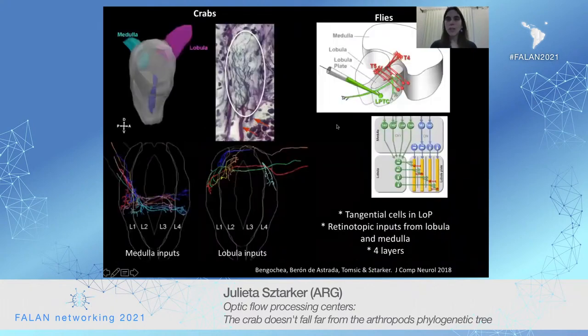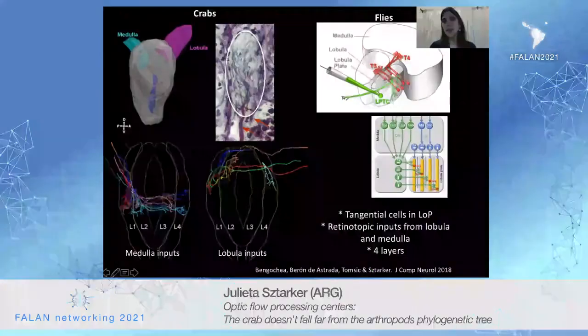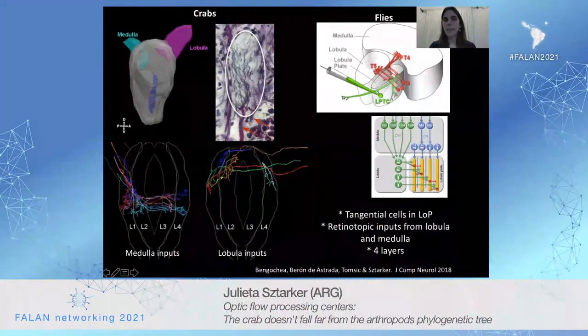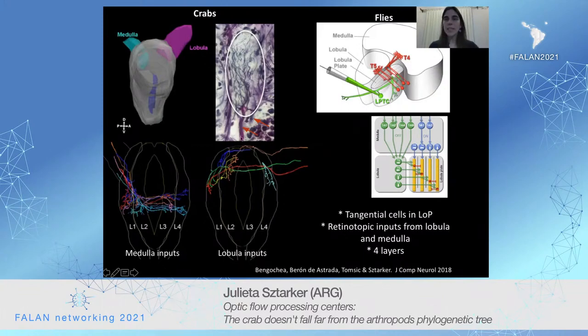We know from histological preparations, for example, this Bodian staining of the lobula plate, where you can see a huge tangential neuron in this structure, that this neuropile in crabs has 3 properties in common with flies.